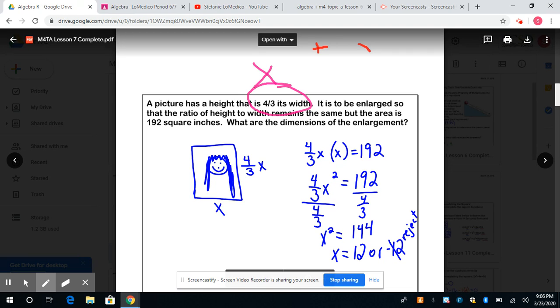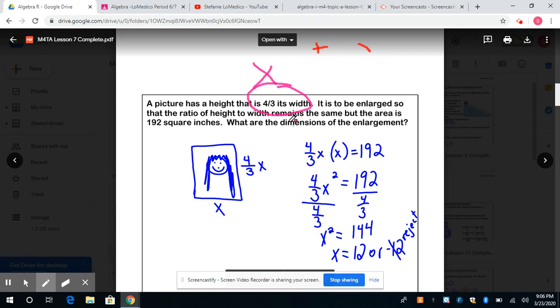You're not doing 100 divided by a half, because dividing by a half is going to make it bigger. Okay, so if you're talking about 4/3 or a fraction of something, it's multiplication.